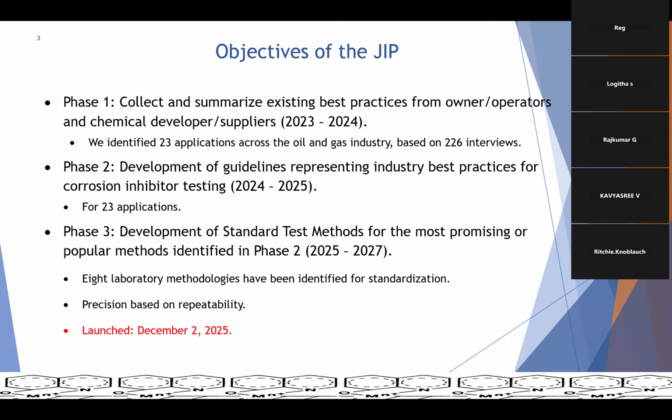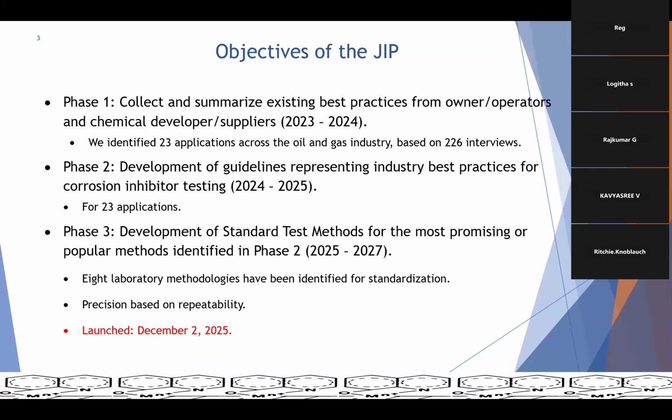In phase 2, based on those best practices, we developed step-by-step procedures representing the current industry practice on corrosion inhibitor testing. Again, 23 individual reports were written covering each one of the applications. In phase 3, which started on December 2nd, we identified 8 methodologies that need standardization.